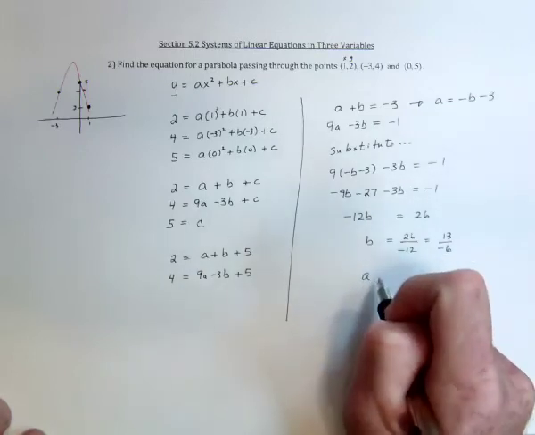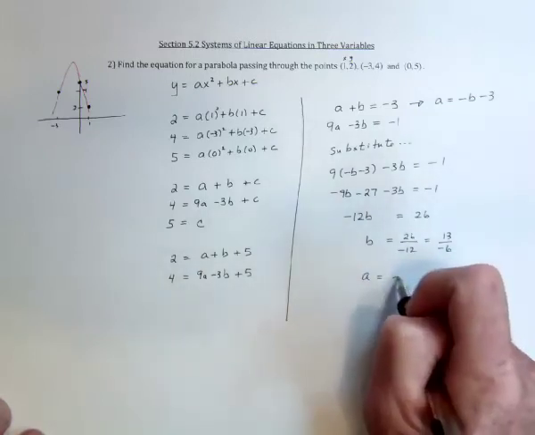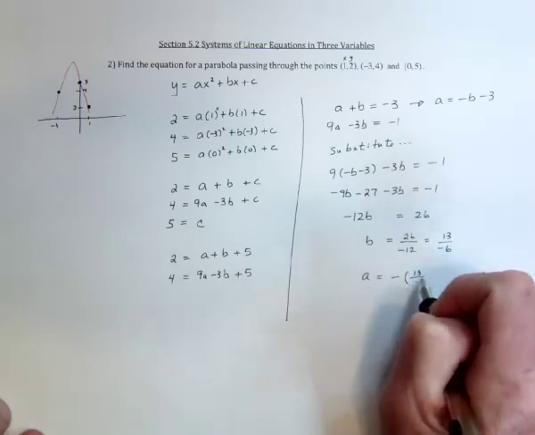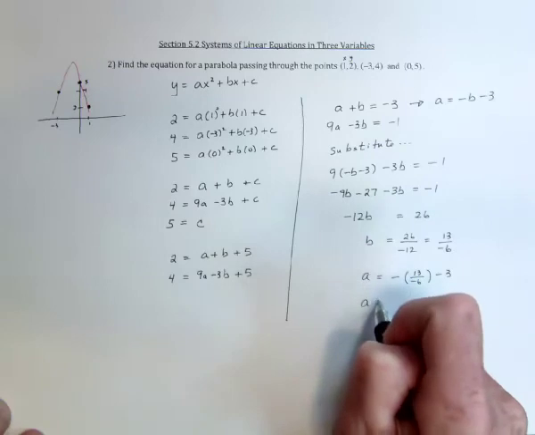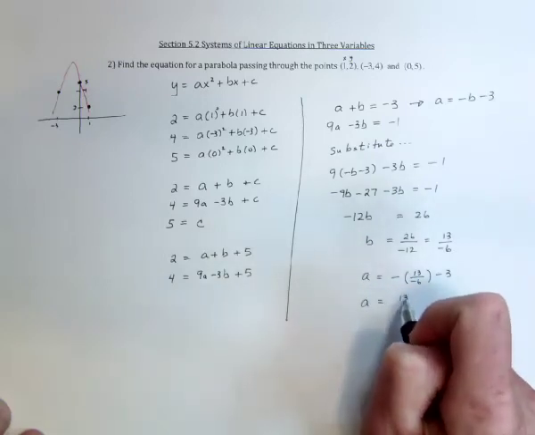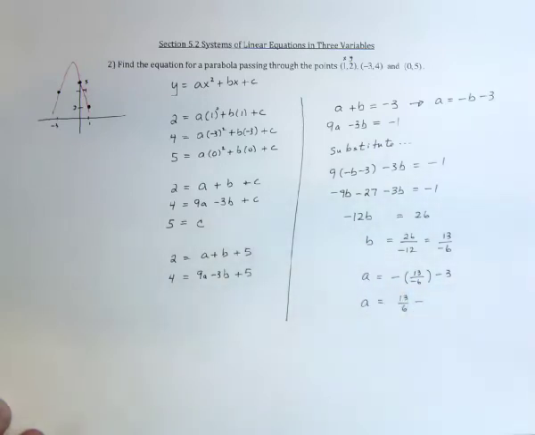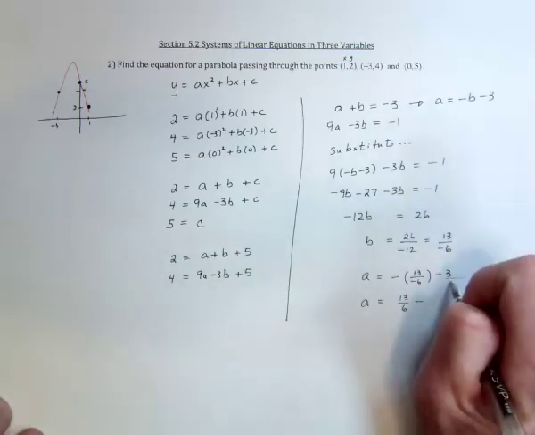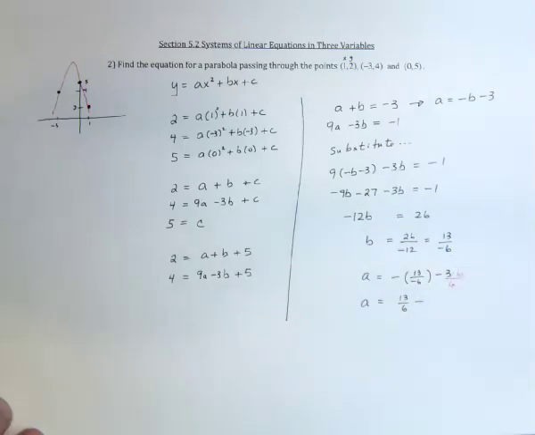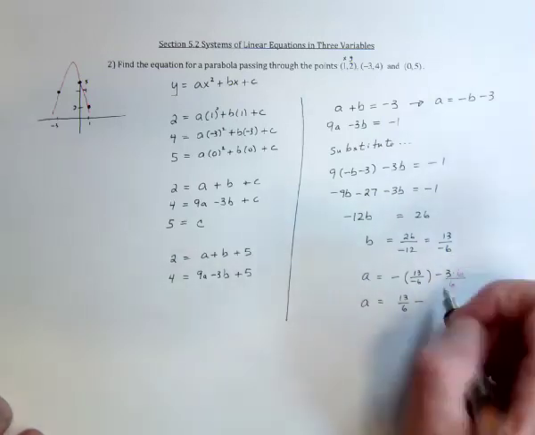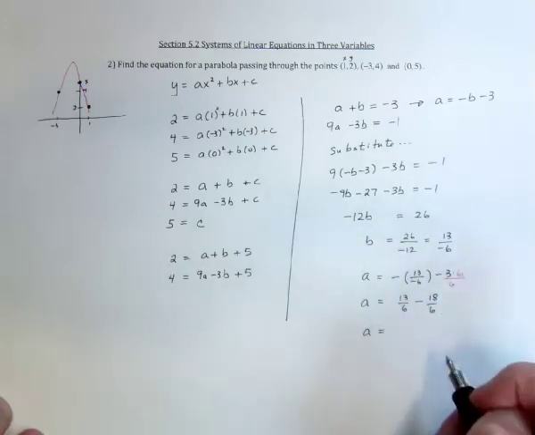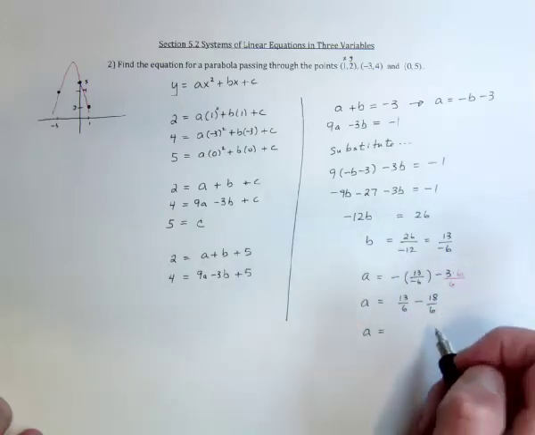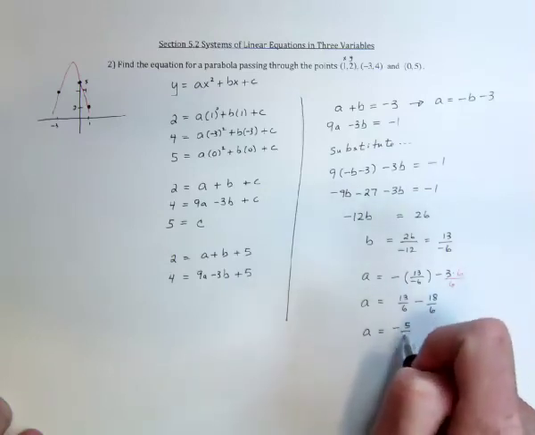So a is equal to negative of what b is equal to, then subtract 3. So a is going to be a positive 13/6. And then for the 3 we could get a common denominator, multiply top and bottom by 6. So it's going to be 18/6. And then subtract. 13 minus 18 is -5/6.